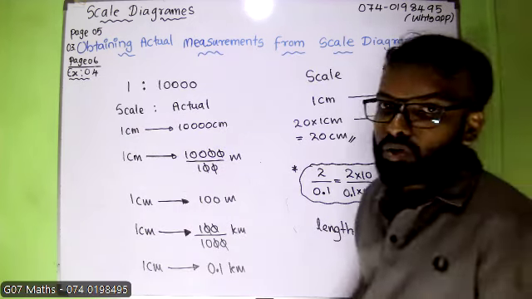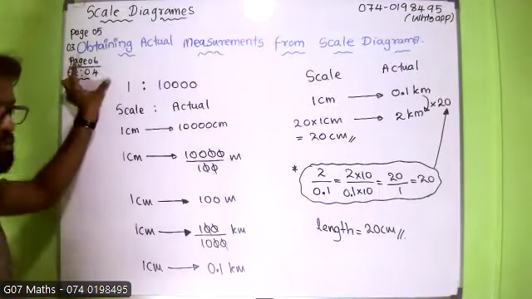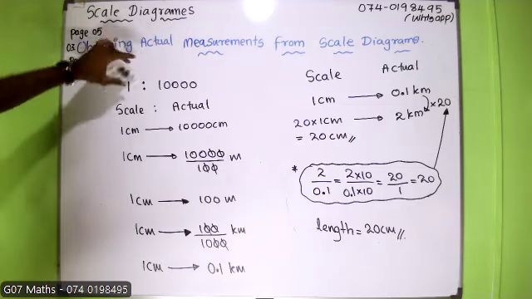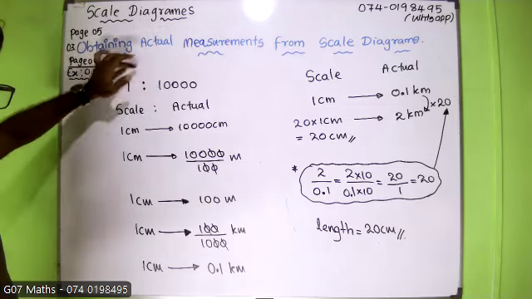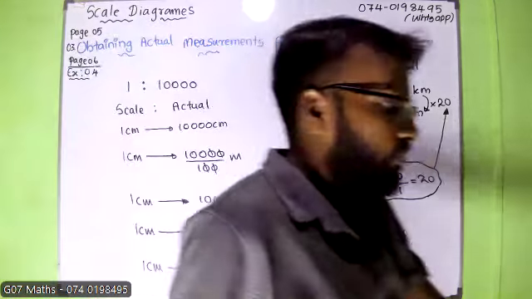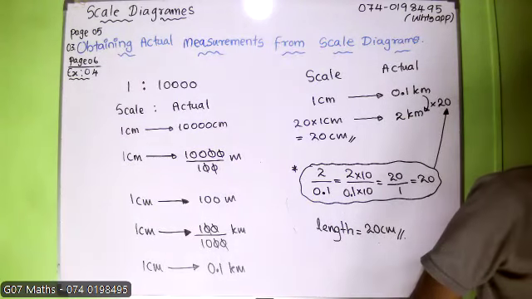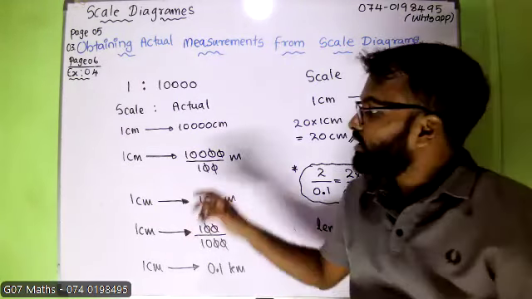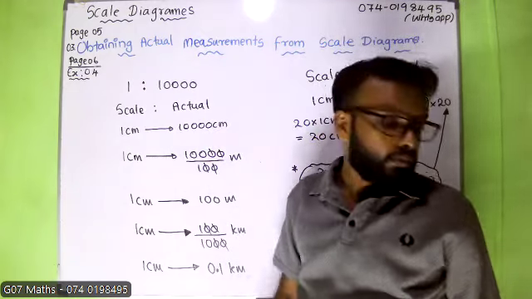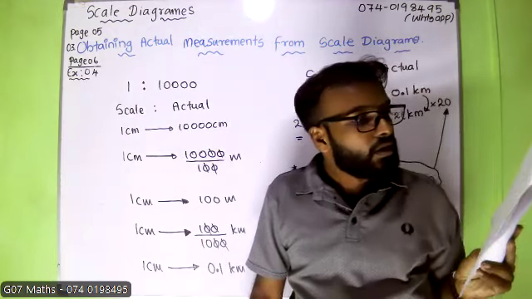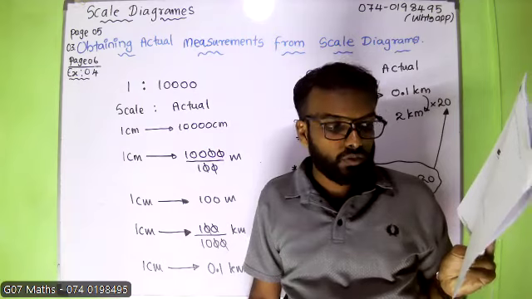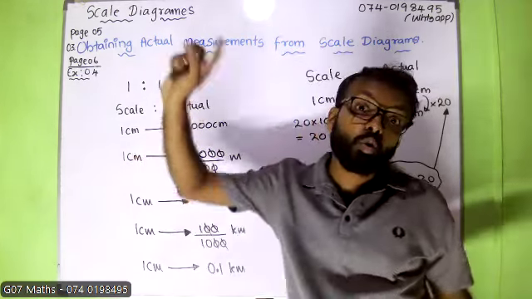So in example number 4, page number 6, you have the ratio 1 to 10,000. When you are reading example number 4, you can understand you need to convert your centimeters not into meters but into kilometers, because they are asking what length in a scale diagram drawn to scale 1 to 10,000 represents an actual length of 2 kilometers.